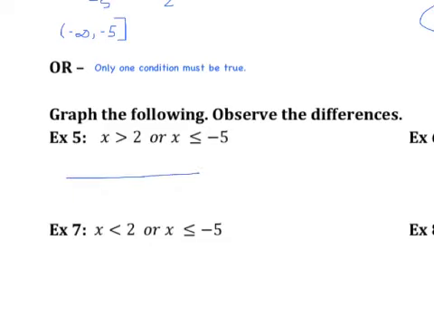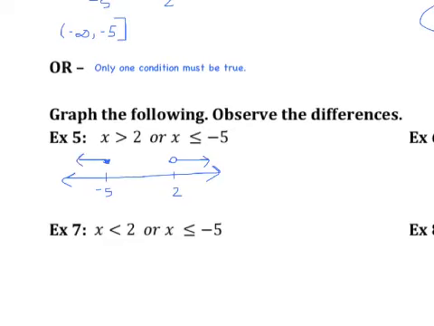So again, my number line, very conveniently, same numbers every time. Now it says x greater than 2, or x less than or equal to negative 5.